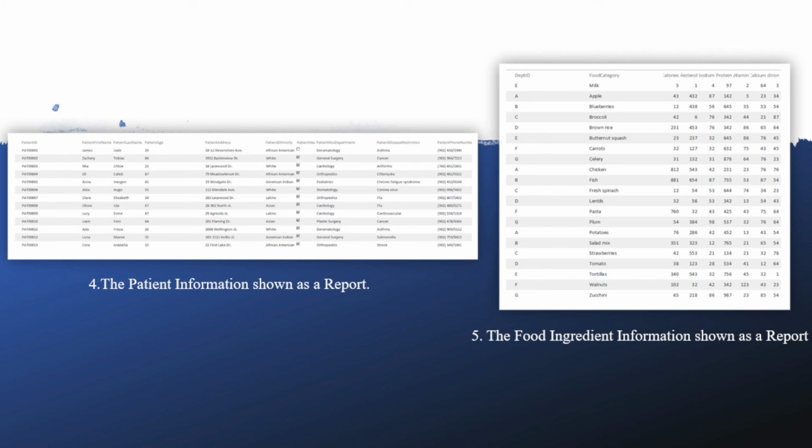The fifth report mainly introduces the nutritional content of food, so that it can not only distribute food reasonably, but also distribute food according to whether the patient has food allergies. Reports are very important to doctors, nurses, and managers. They can find effective information based on the information described above in the report.